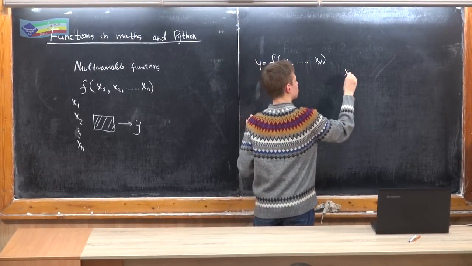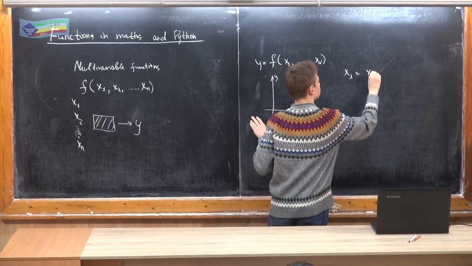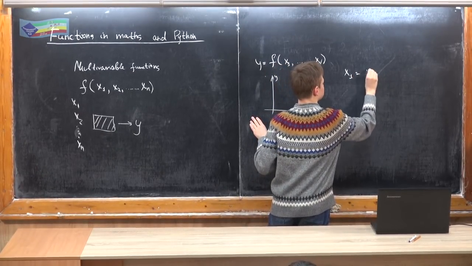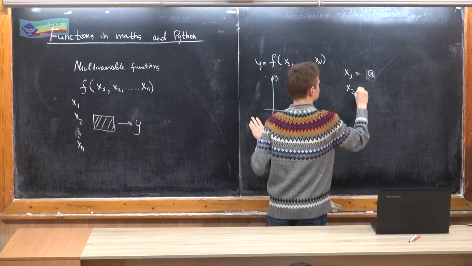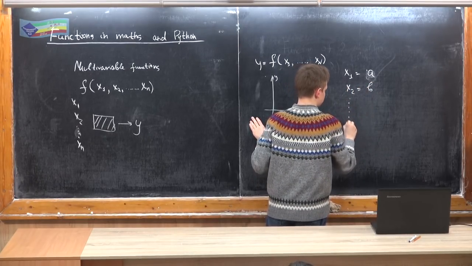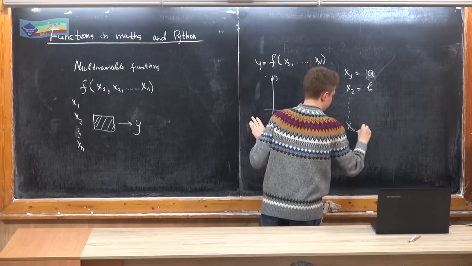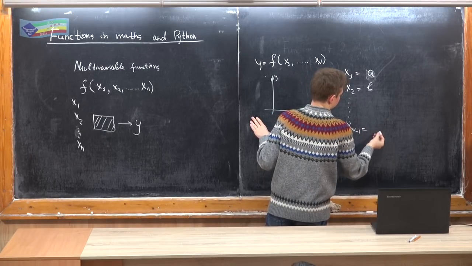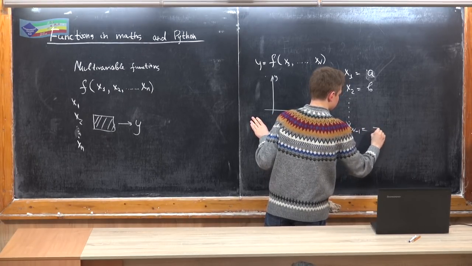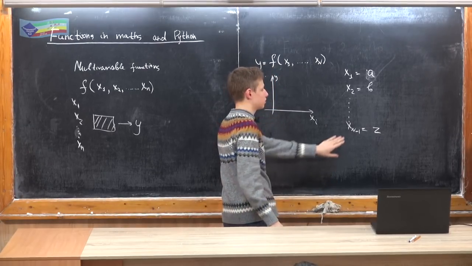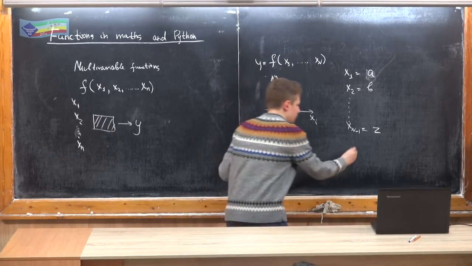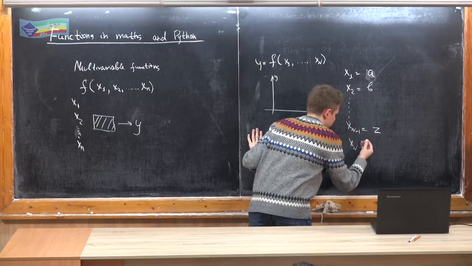So we keep some constant a, constant b, z, and our final variable xn we change.